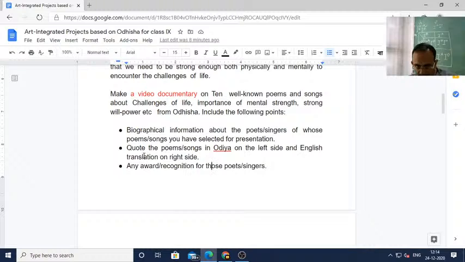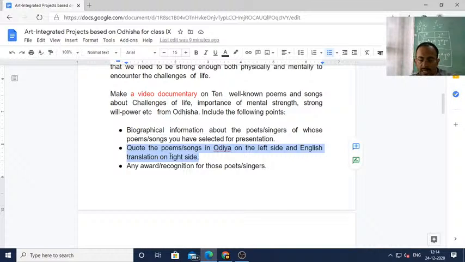On the left side you have to take up the Odia poem. The Odia poem you take up on the left side, and the right side there will be translation of this poem. So you give this, and you also send the picture of the writer or the singer you have selected along with the content.